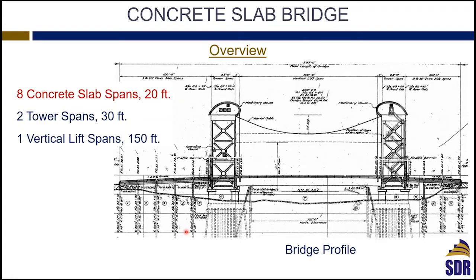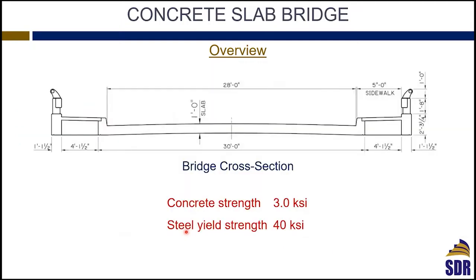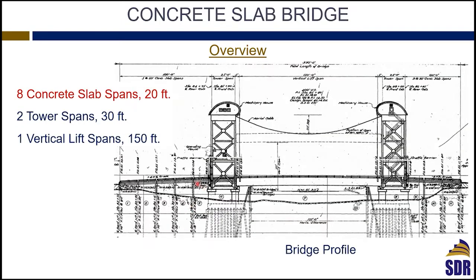Just an overview, it has 8 concrete slab spans, and each span was 20 feet long. It has 2 tower spans of 30 feet, and it has 1 vertical lift span that was 150 feet. We were actually interested in the concrete spans. The 8 spans were identical, so we had to load test one of those concrete slab spans.